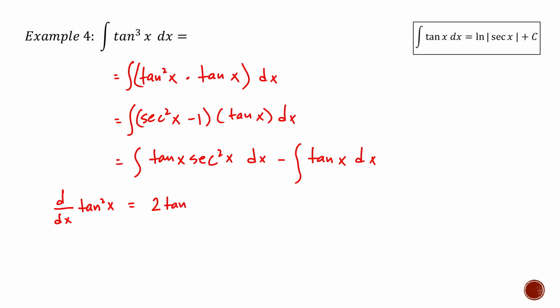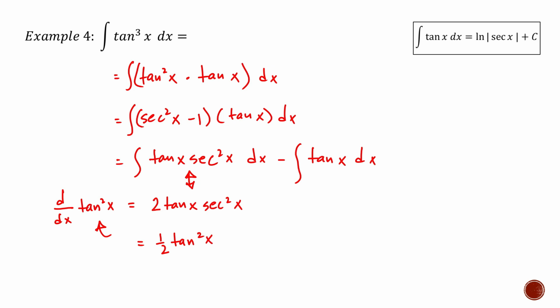tangent x secant square x. As you can see, that's almost similar, there's just a 2 here. So the antiderivative of that will just be 1/2 of tangent square x.